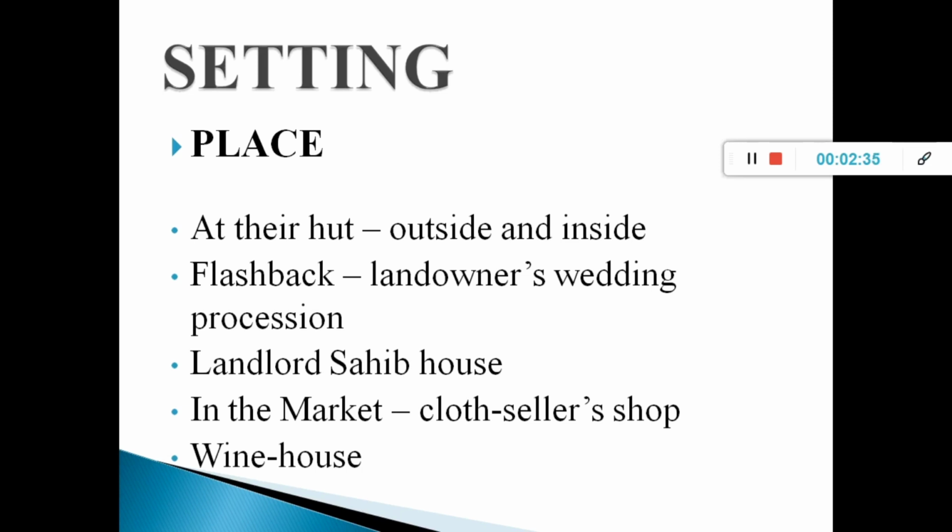And they rushed to the landlord sahib's house to seek help, so that at least they can get some money, and they can buy a shroud to cover Buddha's dead body, and do the cremation and the rituals that they were expected to do, right?